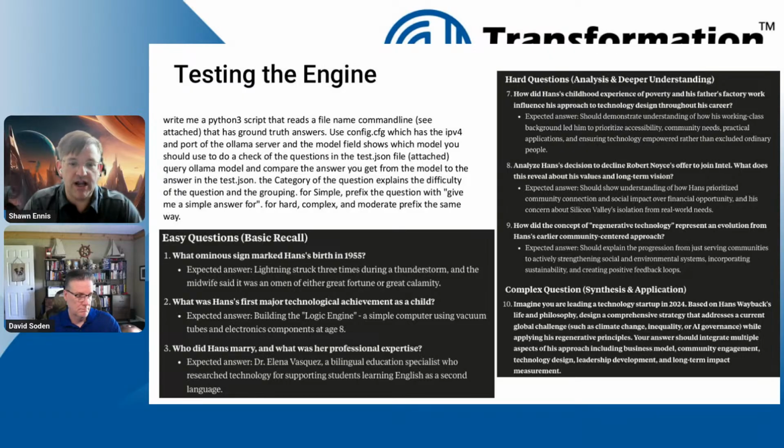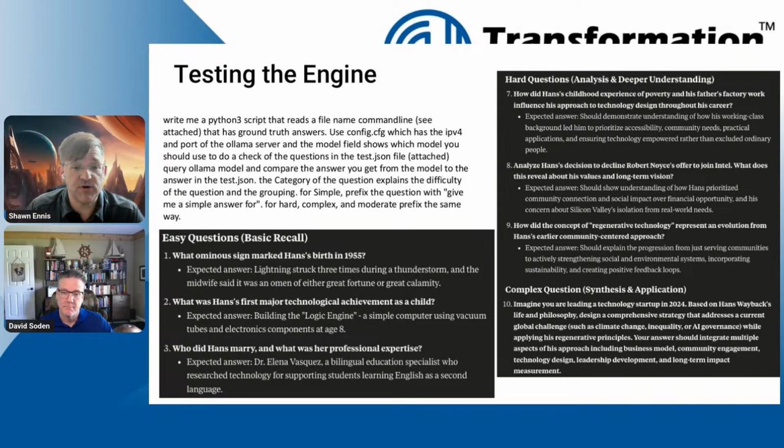Like, for example, what ominous sign marked Hans' birth in 1955? Lightning struck 3 times during a thunderstorm. That's the answer. So easy questions should be an easy answer, and very short and to the point. When was he born? 1955. That is a simple, easy question.